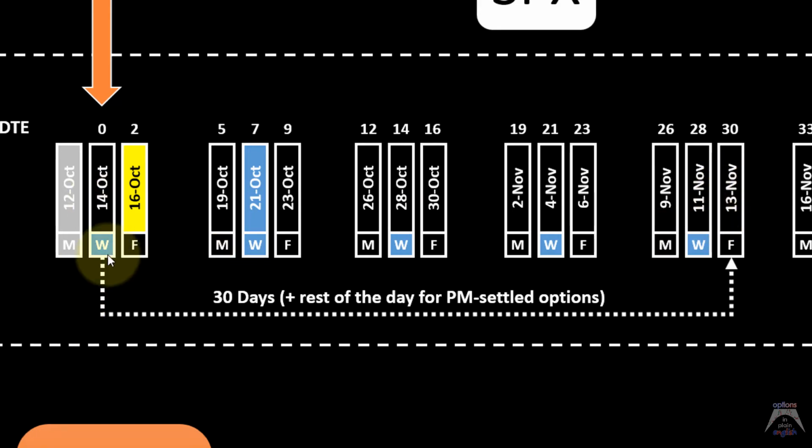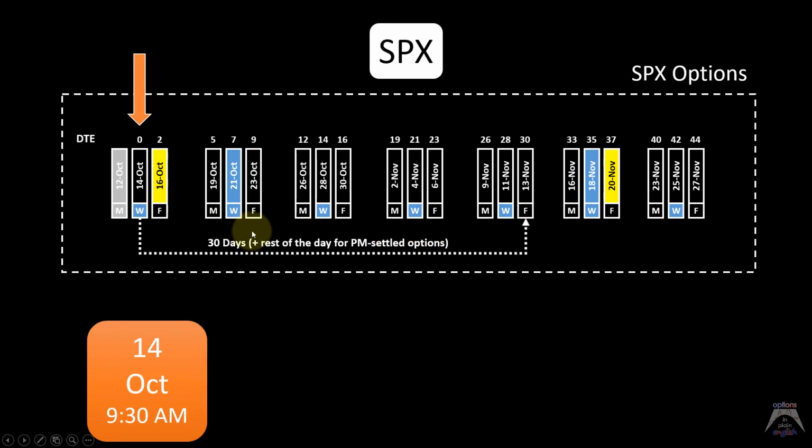So in other words, these options have exactly 30 days plus the rest of the trading day, because they close at 4 p.m. Eastern time. The algorithm already does this, but it's important to keep in mind. Standard SPX options, on the November 20th, the third Friday of each month, expire at the open in a very similar way to how VIX products are settled.